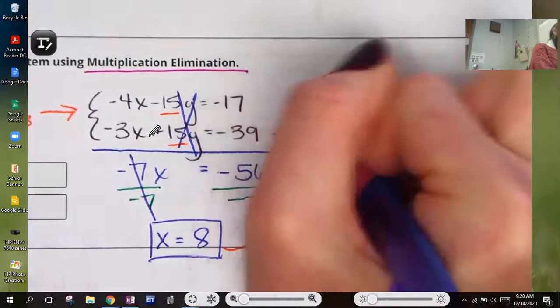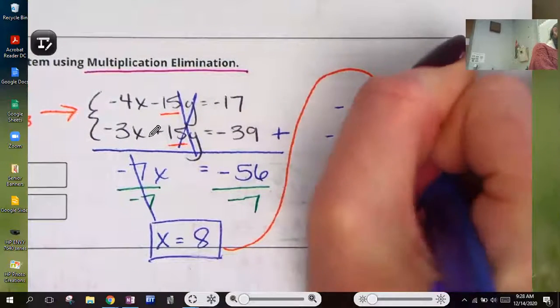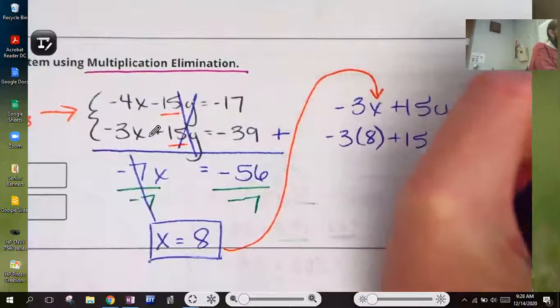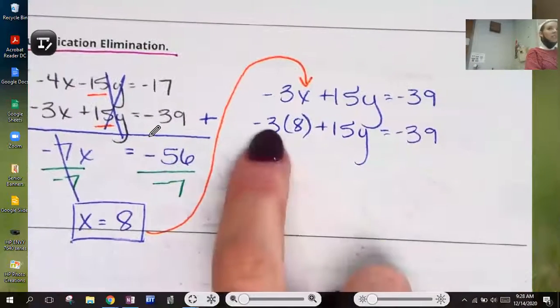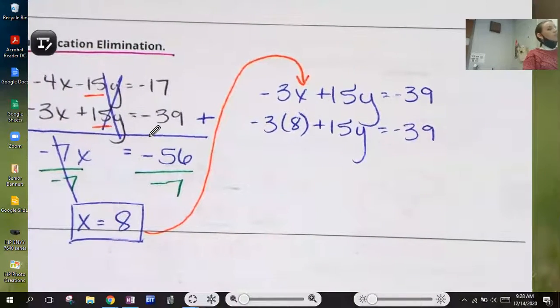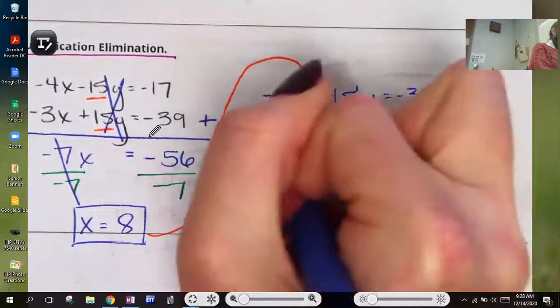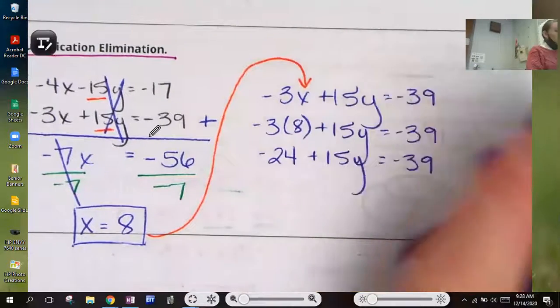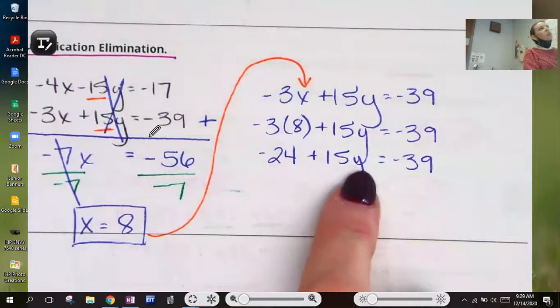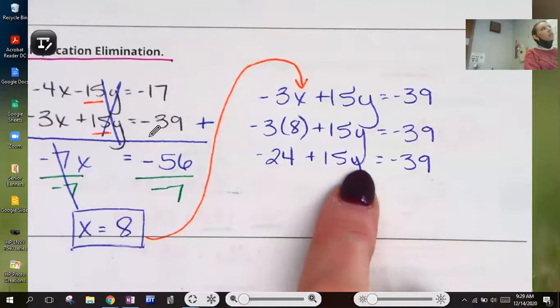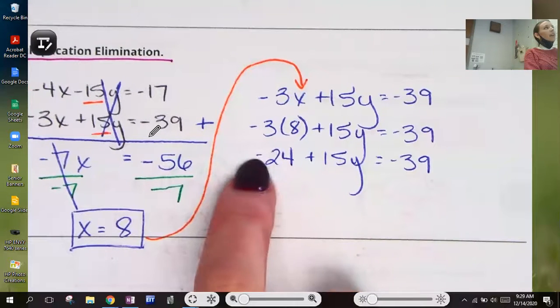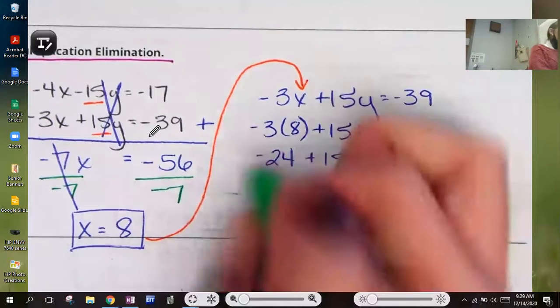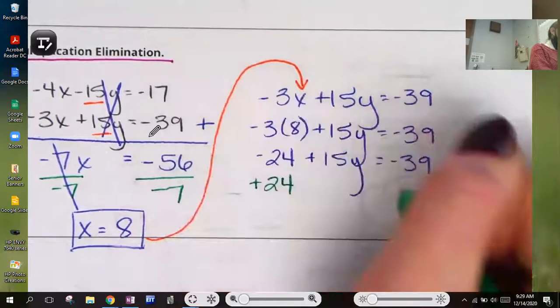So I have negative 3 times 8 plus 15y equals negative 39. What's negative 3 times 8? Negative 24. I'm solving for y, so I start with my term that is furthest away. How do I get rid of a negative 24? I add 24.